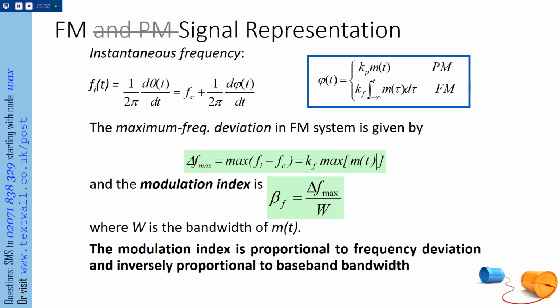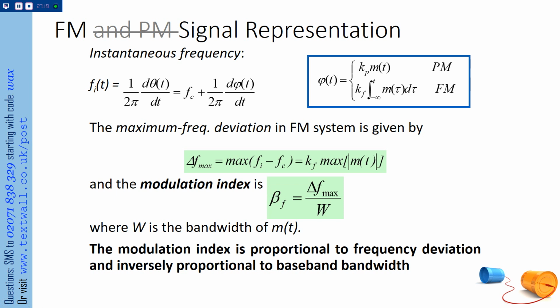So we're comparing amplitudes. In frequency modulation, we're dividing frequencies. So we divide the frequency deviation, that's the instantaneous frequency minus the carrier frequency, by the message bandwidth. We end up with something called beta, the modulation index.